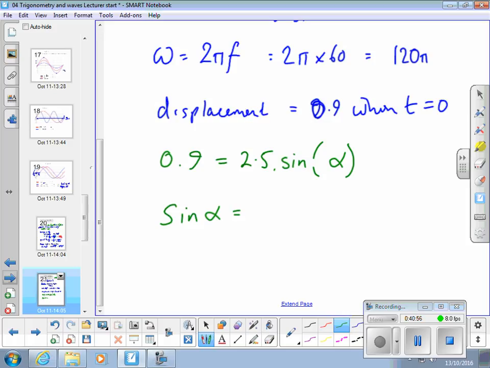It's 2.5 times. So what do we do to get rid of multiplication? Divide. So it's 0.9 over 2.5. So the angle alpha is the inverse sine of 0.9 over 2.5 equals whatever that comes out to.